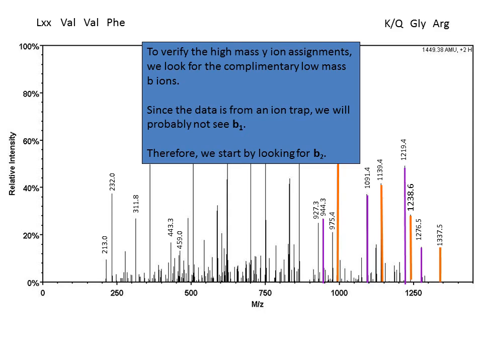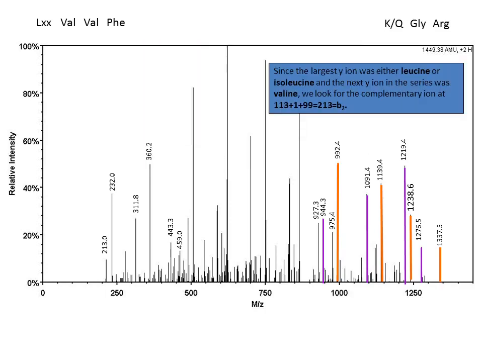So with ion trap data, we normally don't see ions below about 200 Daltons, so we need to start looking for the ion that would reflect leucine and valine joined together, or B2. If we add together the mass of leucine and valine, we get 113 and a hydrogen atom and 99, which equals 213, which is present in our spectra.